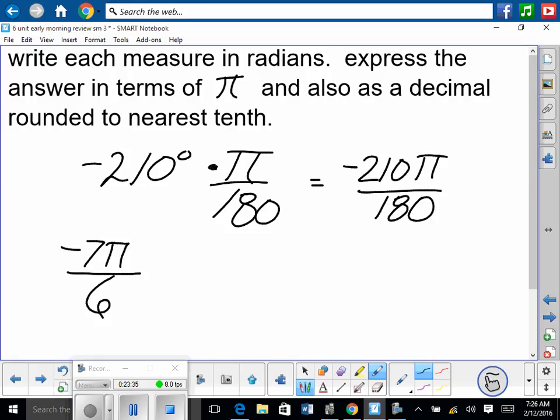Then it says give us the decimal answer, so you type in -7 times pi divided by 6. That's equal to -3.665, so the nearest tenth would be -3.7. Pretty easy, right? Don't miss that one.